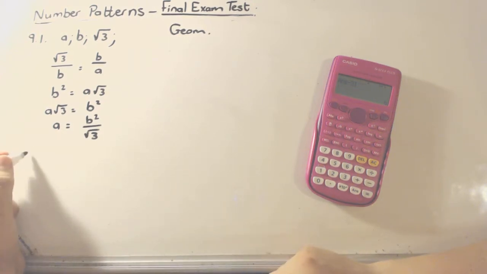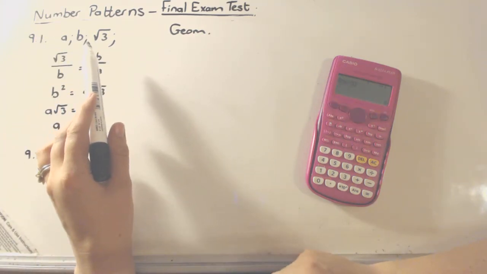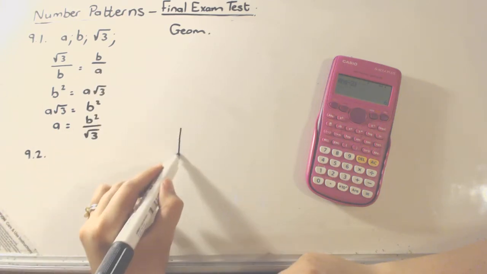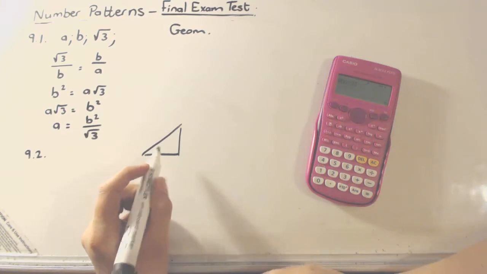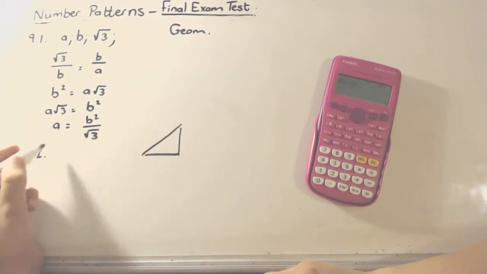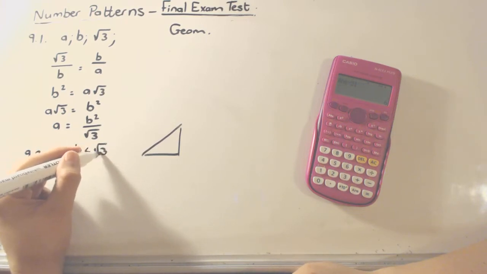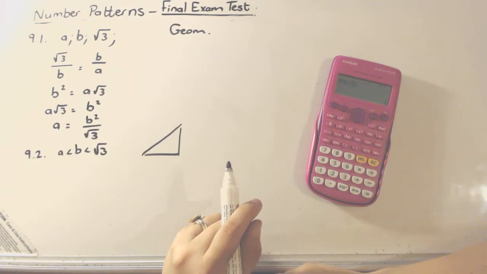Then question 9.2 says, furthermore, a, b, and root 3 are also sides of a right-angled triangle, with a smaller than b smaller than root 3. Determine the relationship between a and b.